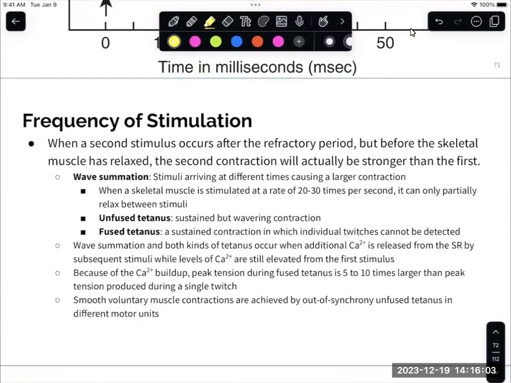So that frequency of stimulation: if that second stimulus occurs after that refractory period, but before that skeletal muscle has fully relaxed, that'll actually generate an even stronger contraction than the first. This is where these wave summations will come into play. And it is the frequency at which these action potentials are coming to this muscle cell.